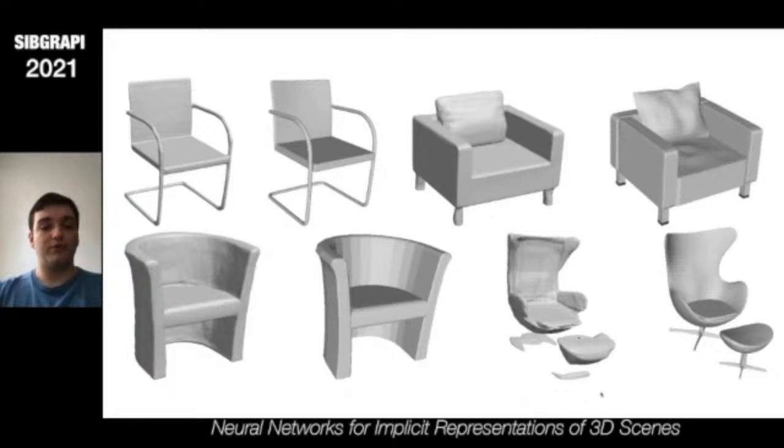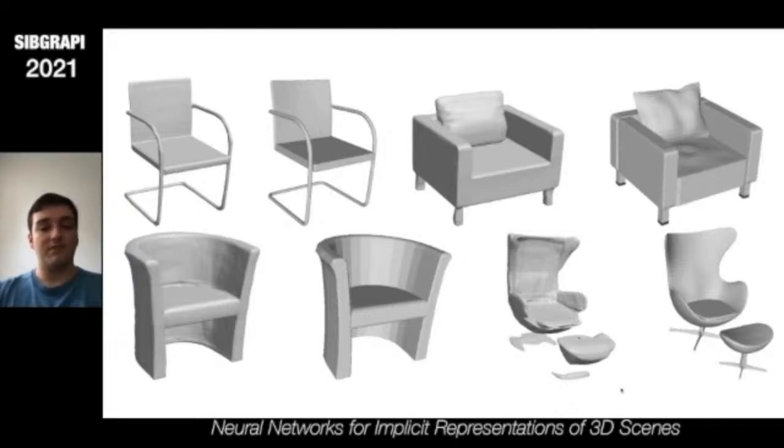However, on the bottom right, we can see that DeepSDF does have some problems with certain kinds of objects. For instance, this is actually a two-object model, so it's not only the chair but also the footrest.